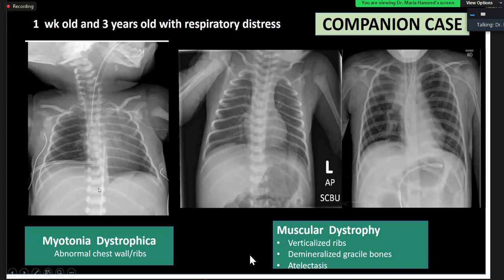So it's not always the lung that can lead to respiratory distress, but look at the bones as well. They should be in your review area and checklist. So coming to this case, this is the follow-up case of that particular child. Again, the same pathology. And in this case, you are expected to see the atelectasis as well. So again, this is a case of congenital muscular dystrophy.